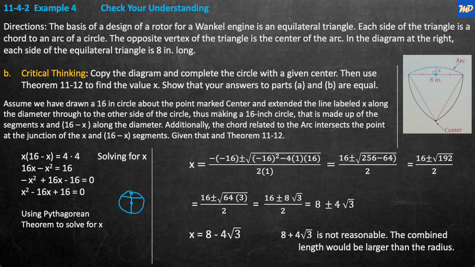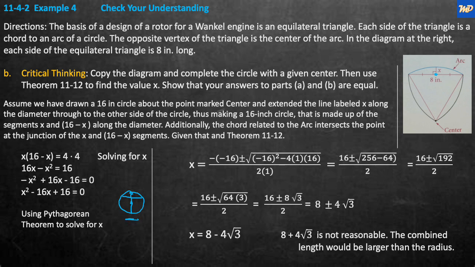We're going to assume that we've drawn a 16-inch circle about the point marked center, okay, and extended the line labeled X, which is the piece we're looking for, extended that line labeled X along the diameter through to the other side of the circle, which is what I just kind of drew. Excuse my artwork, but down here in this little picture.